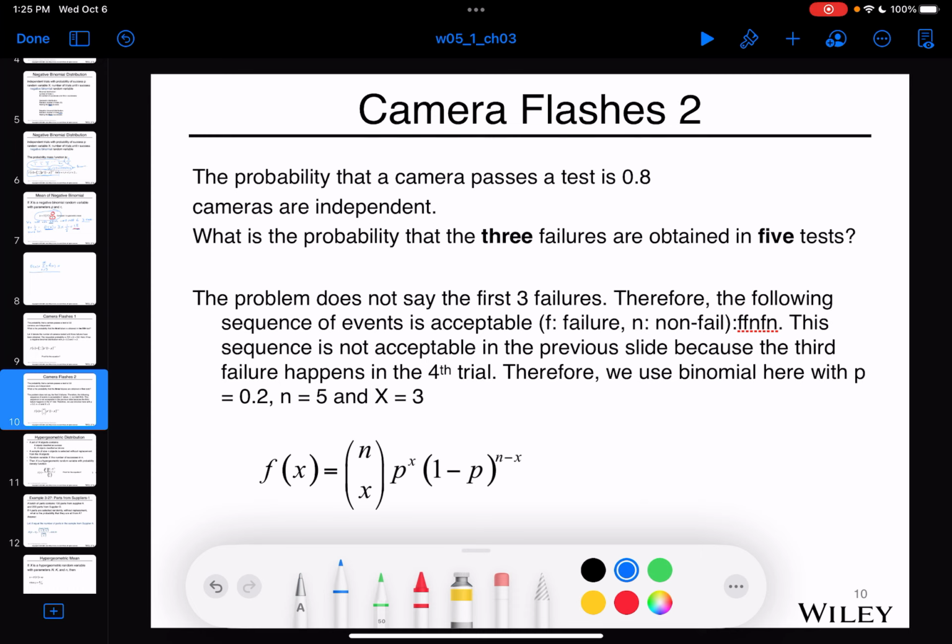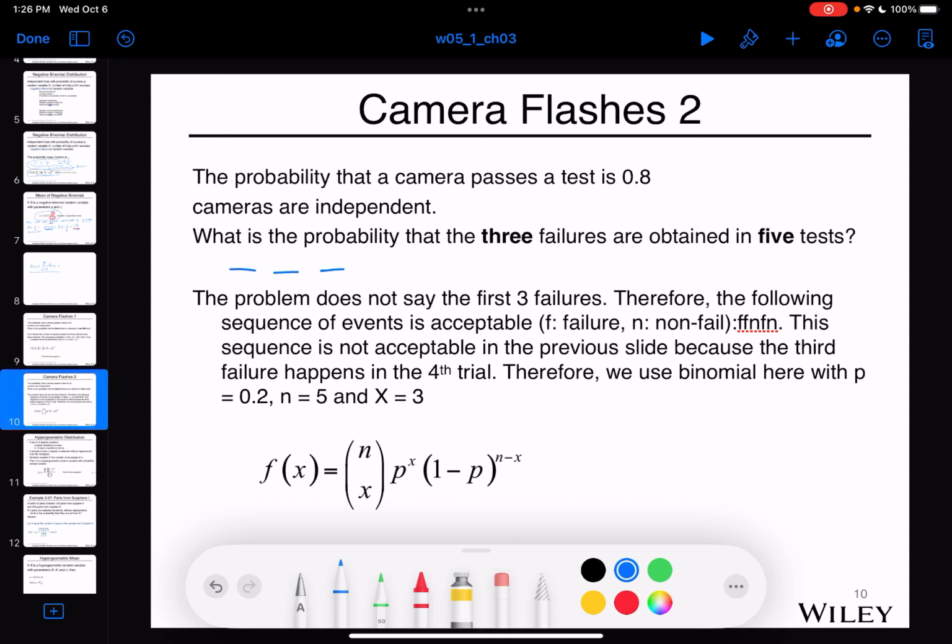Okay, so in the next question, the setup is quite similar to the previous one. It's just the wording is a little bit different, right? Here, I'm doing 5 tests, and I want to find out what's the probability of 3 failures, right? So here, the 3 failures can happen anywhere.